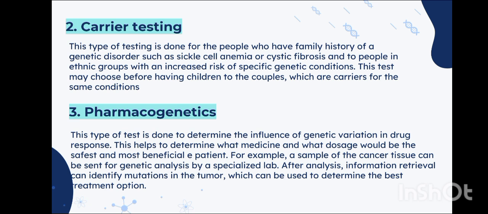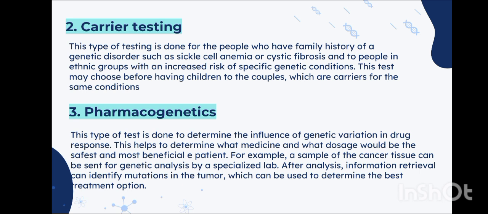Pharmacogenetics: this type of test is done to determine the influence of genetic variation on drug response. This helps to determine what medicine and what doses would be safe and most beneficial to the patient.